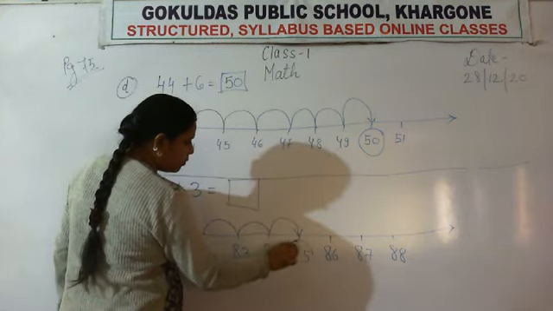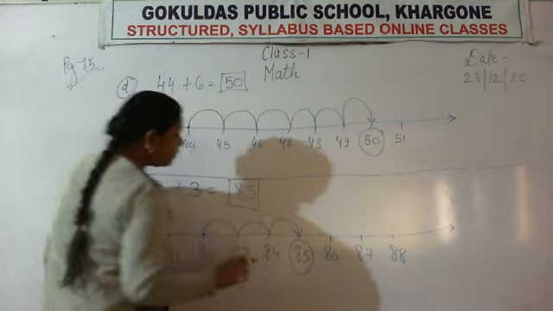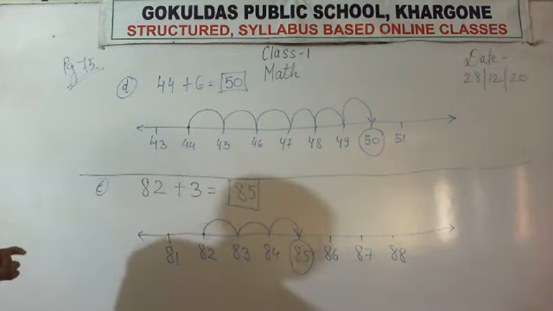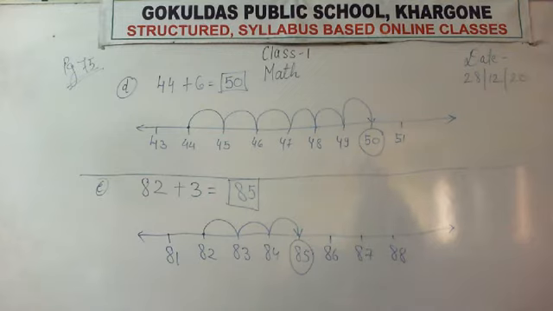We reach number 85. So, write here 85. Copy fast.